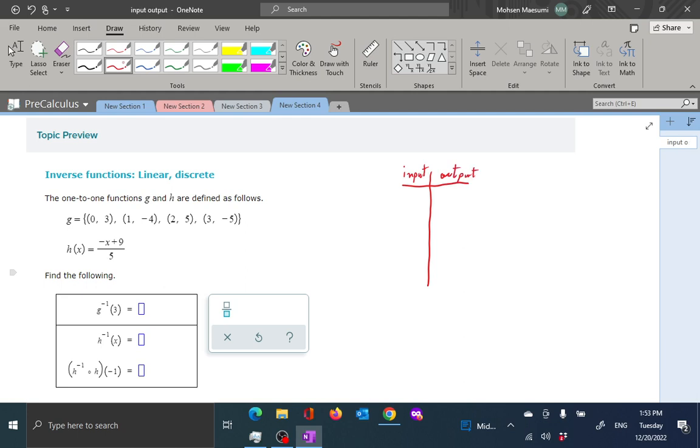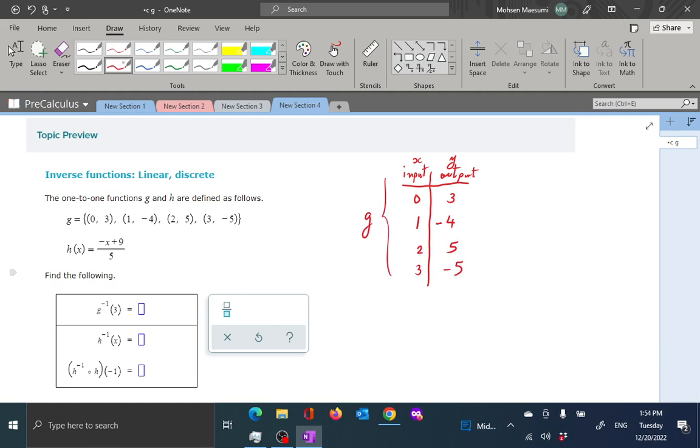These are what you usually call x and y. X is the first entry, like 0, and y is the second entry, the output 3. 1 and minus 4, 2 and 5, 3 and minus 5. So this g is just this table.